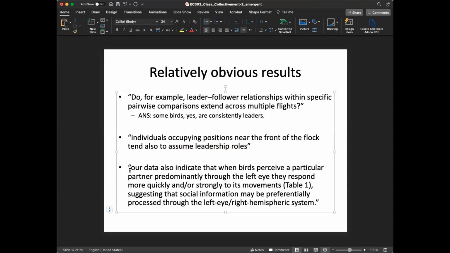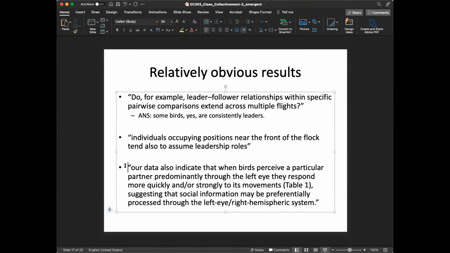And then they say that our data also indicate that when birds perceive a particular partner predominantly to the left eye, they respond more quickly or strongly to its movement, suggesting that social information might be preferentially processed through a left eye, right hemispheric system. So this is an interesting biological aspect.